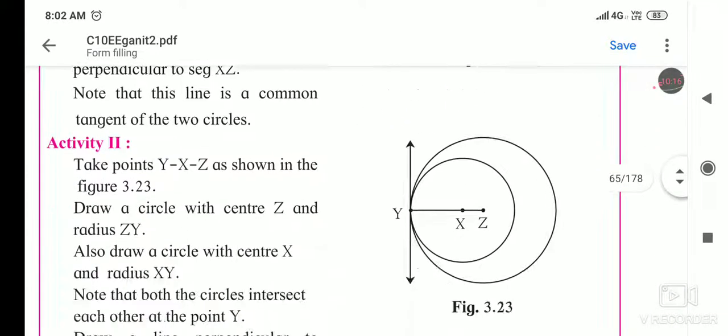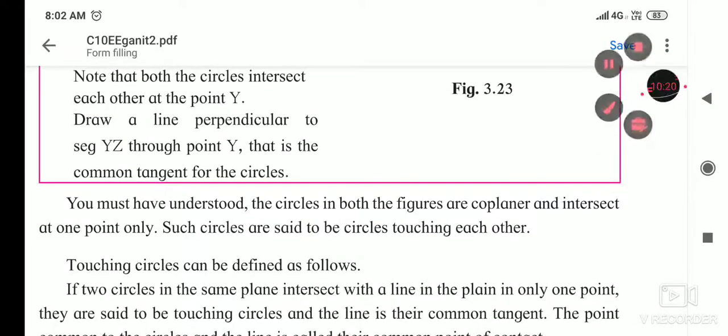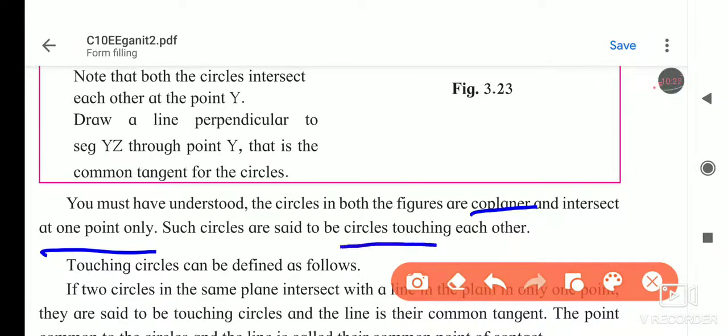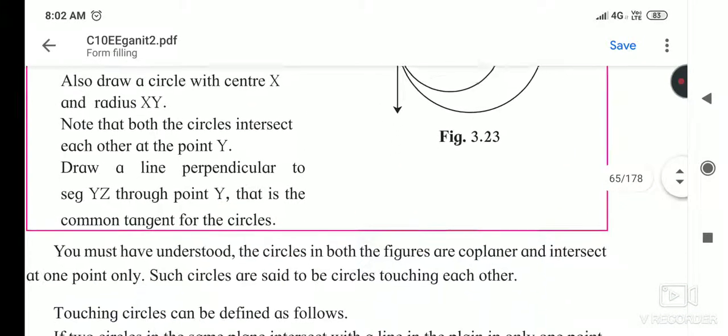So they are coplanar, they intersect each other at only one point, and such circles are said to be touching circles.